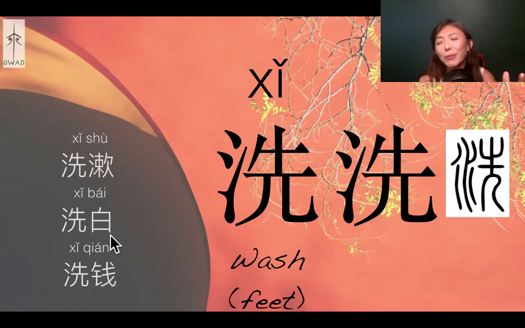And 洗白, okay, wash, white. What do you think that would be? Whitewashing. Okay, it's not like what you think. Even though in today's contemporary English lingo we use whitewashing, it doesn't mean you're trying to explain a phenomenon using a framework applying specifically to white people.